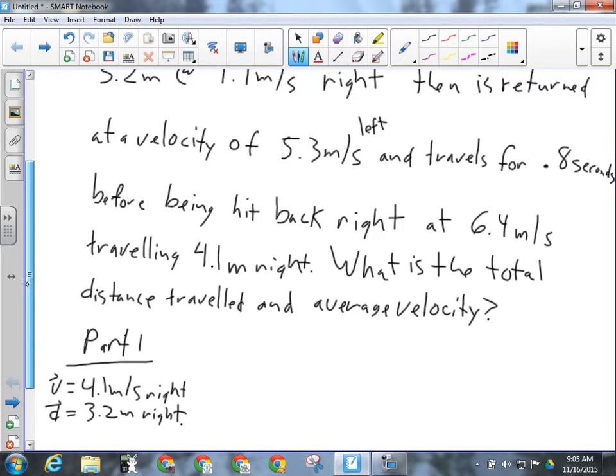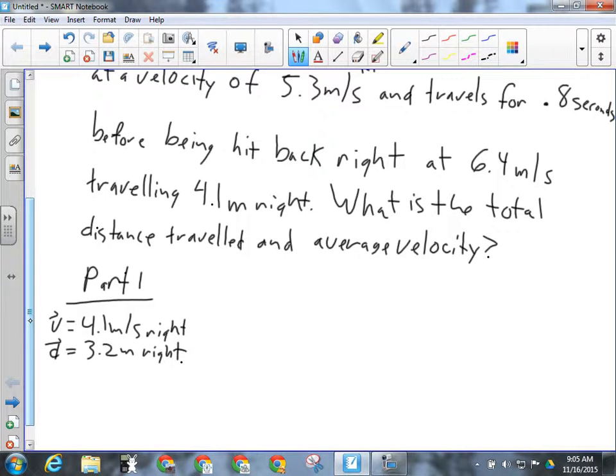All right, it's then returned at a velocity of 5.3 meters per second to the left. So that's going to be part 2. Oops, sorry, that's a velocity, not a displacement. All right, and we don't know d, but we're told that it travels for 0.8 seconds.